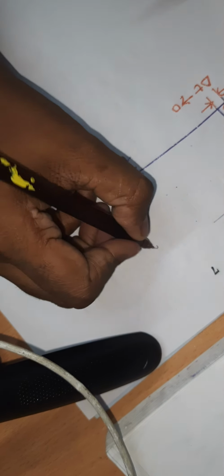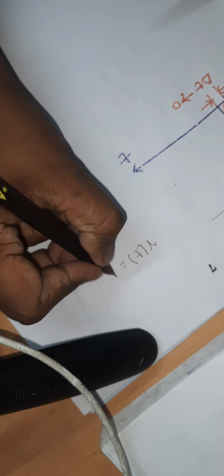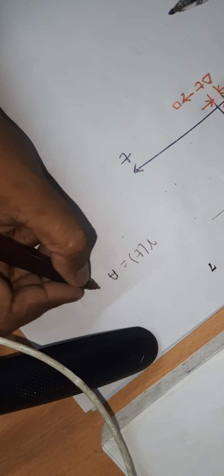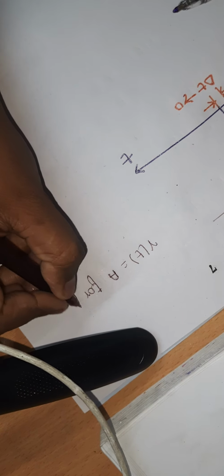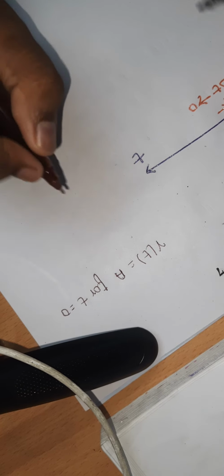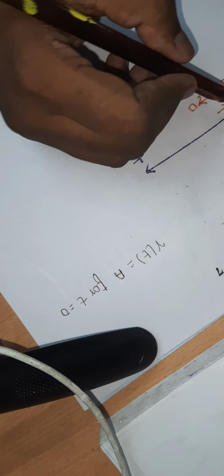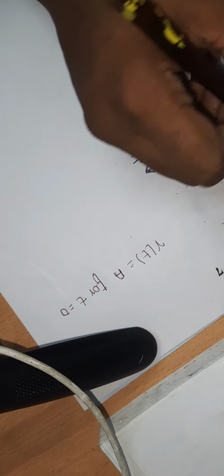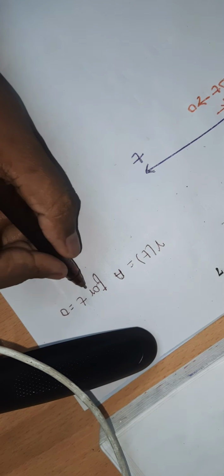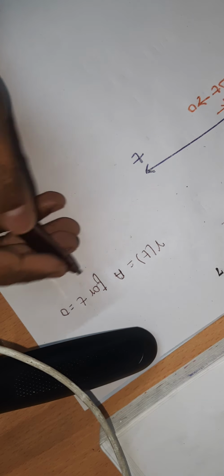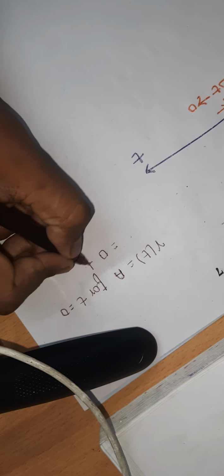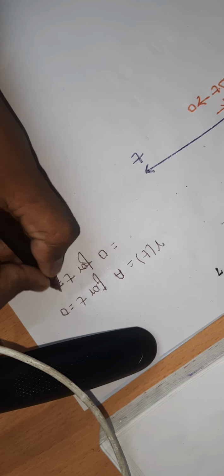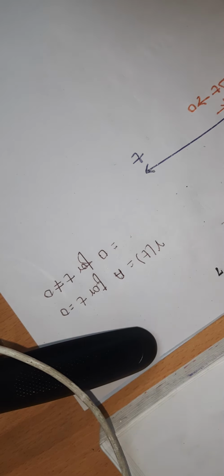Next, how to represent that: R of t is equal to A when t is equal to 0. We get the value A, this amplitude is A, when t is equal to 0. And it will be equal to 0 for all the other values, t not equal to 0.